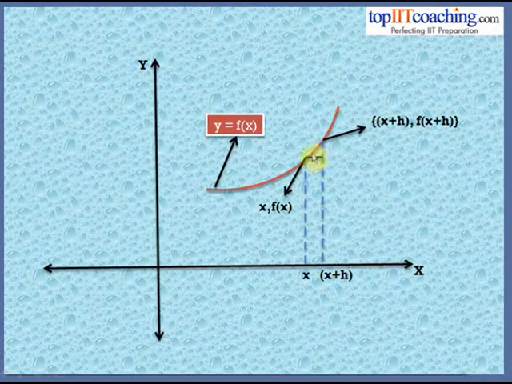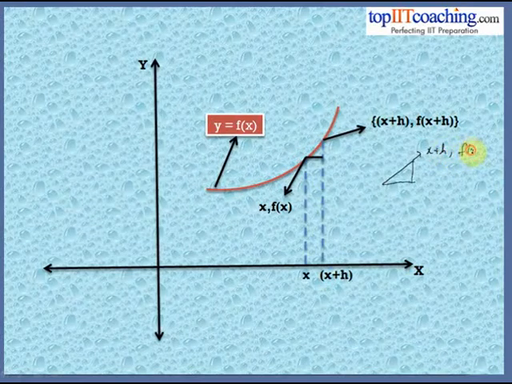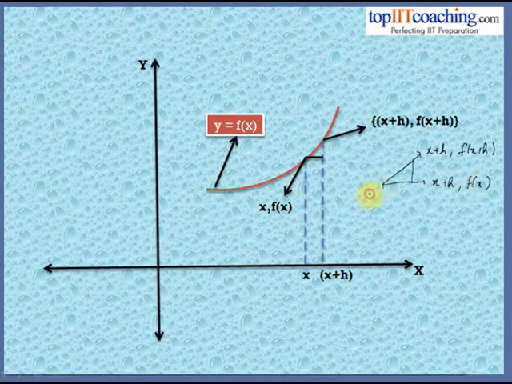So this would tend to be a triangle instead of being a curve. Thus we can say that this is a triangle for which this is x plus h comma f(x plus h), this point is x plus h comma f(x), and this point is x comma f(x).